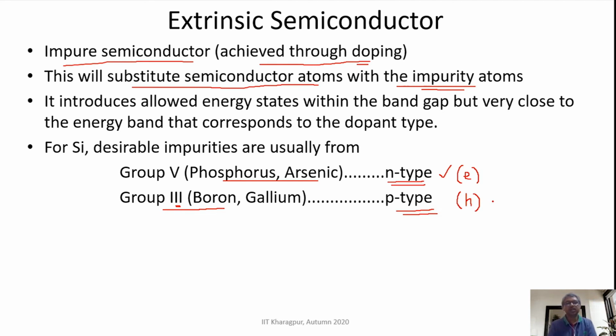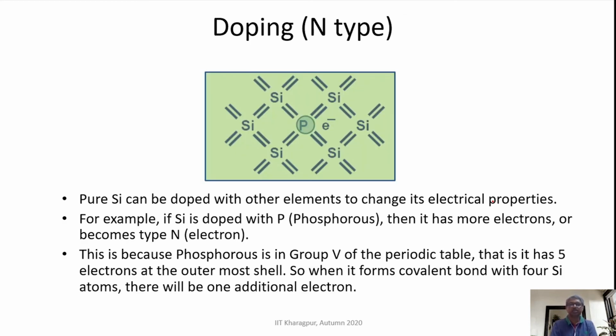Now let's look at this in a little more detail. You see here we have doped silicon with phosphorus, and this doping has changed the electrical property of the material.